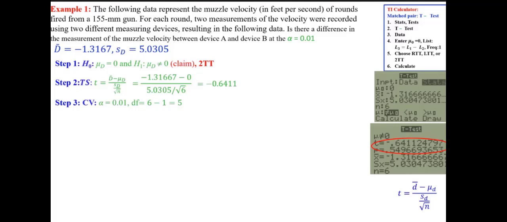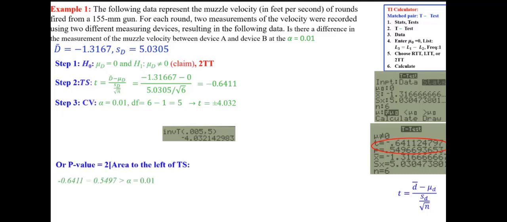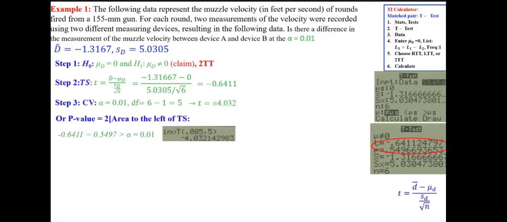We could also use a calculator using inverse T. P value is equal to 2 times the area to the left of the test statistic. Because the test statistic is negative, we look to the left of that; if it were positive, to the right of that. And because it's a two-tailed test, we multiply by 2. And as you can see, we have the answer here.